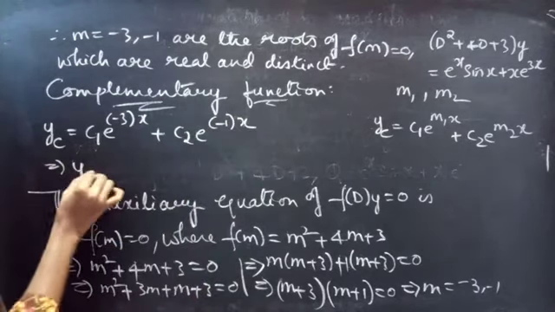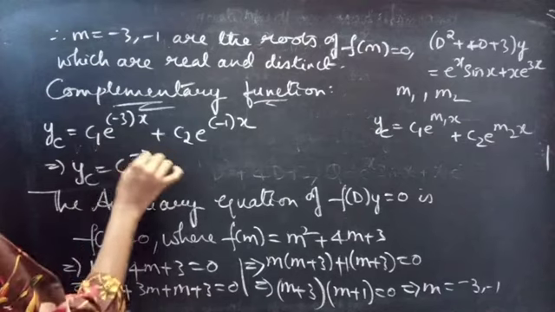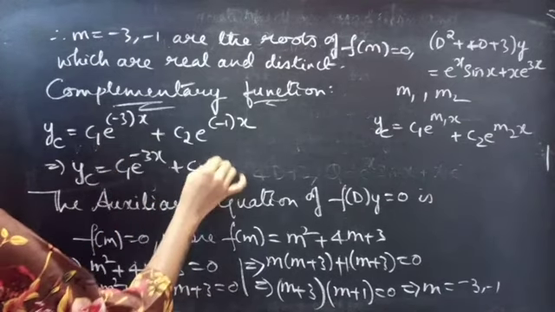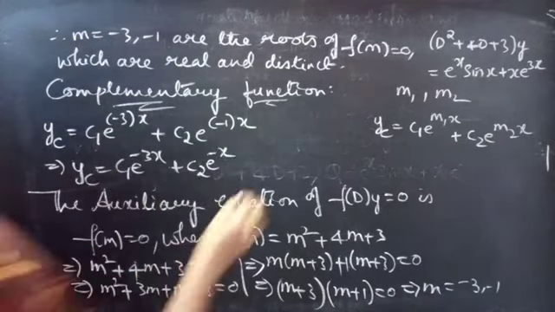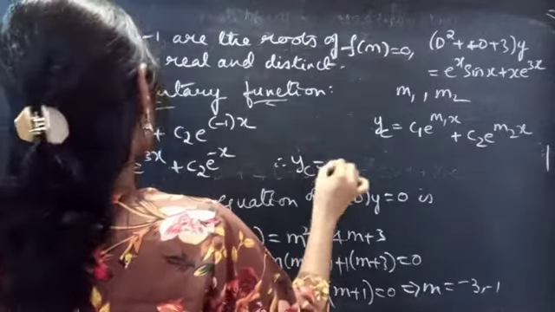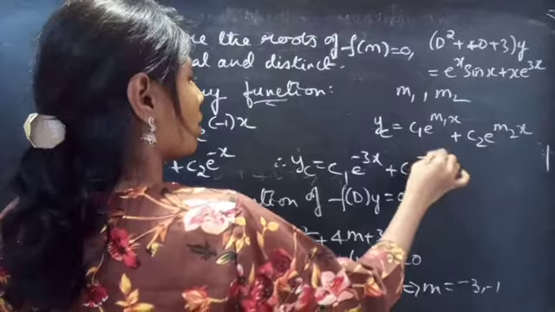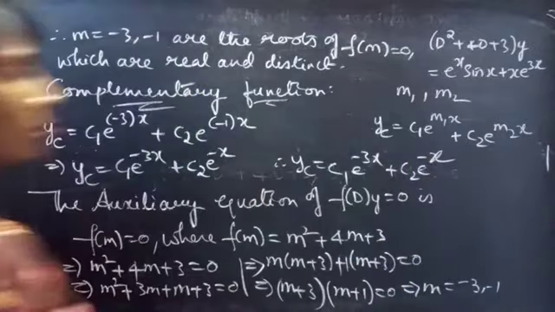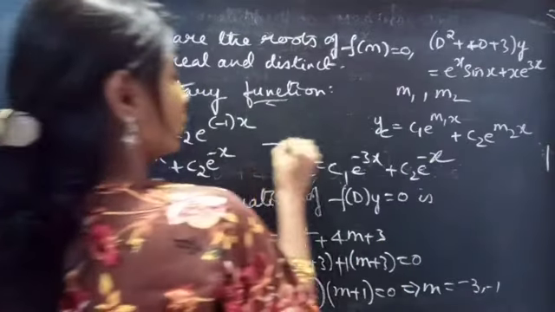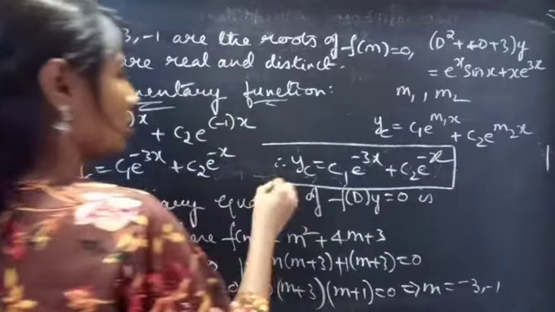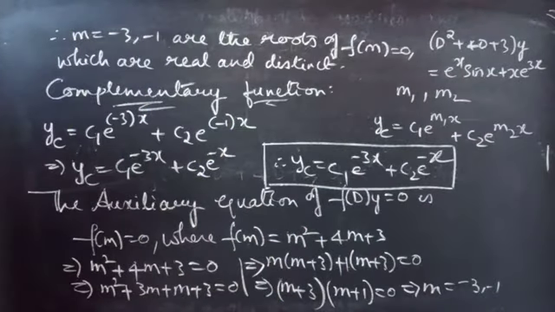Then yc = c1 e^(-3x) + c2 e^(-x). We got yc. Now let's find the particular integral.